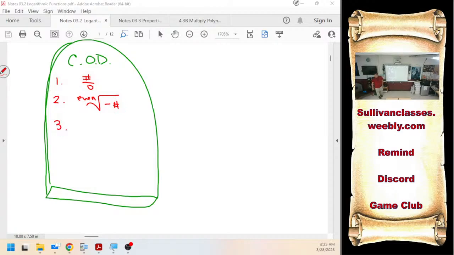The log one. Yes. Thou shalt not log of a non-positive. Specifically, it says non-positive, not negative. What kinds of things are not positive? 0 and negatives. So you can't take log of a 0.